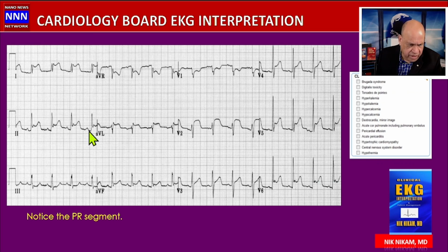And here is a classic example of PR depression, because there are conditions where we may see some generalized ST elevation. If a 40-year-old hypertensive young man comes in and all of a sudden you see 2 millimeter ST elevation in multiple leads, and they say, oh man, you got a problem, you got pericarditis, I need to send you to the emergency room.